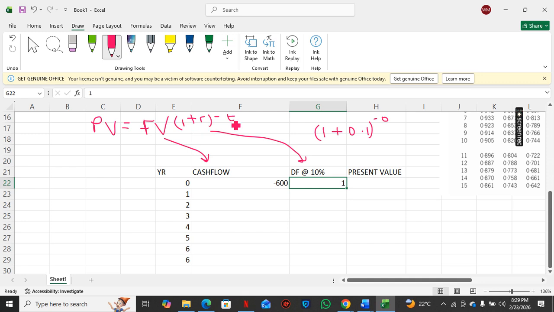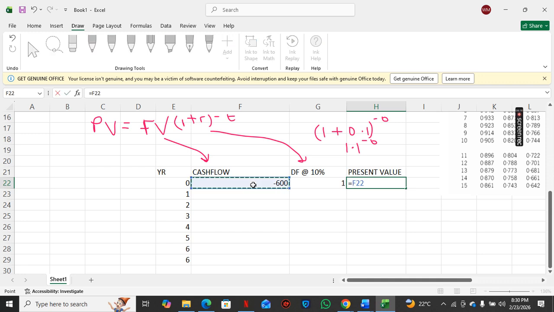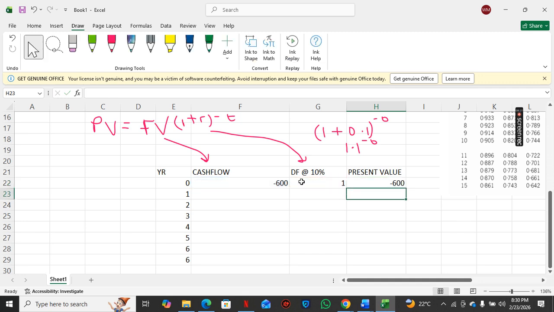Our rate is 10%, right? 1.1 to the power negative 0 is 1, right? Yes, sir, that's how the 1 has come about here. So the present value, you just multiply these two things: negative 600 times 1 is negative 600.